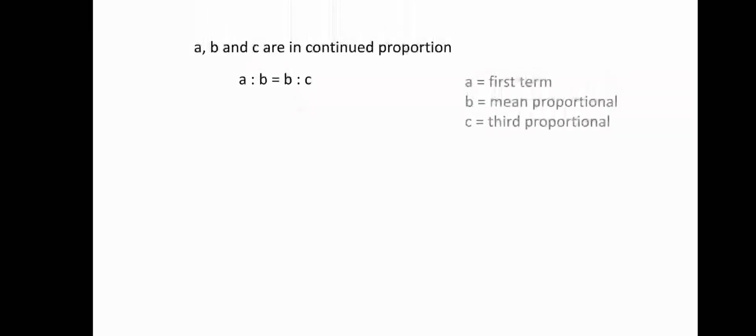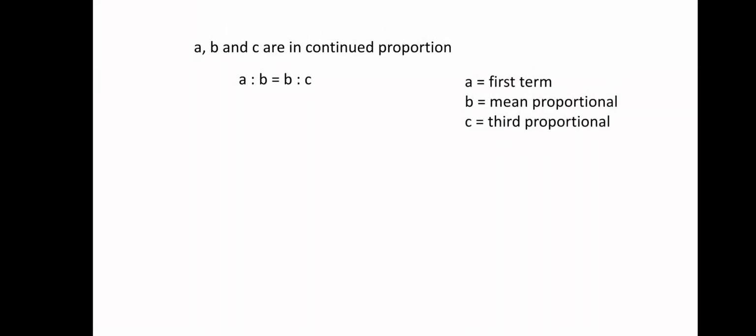So here A is the first term, B is known as the mean proportional, and C is called the third proportional.